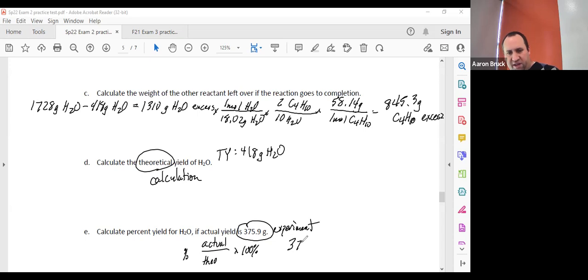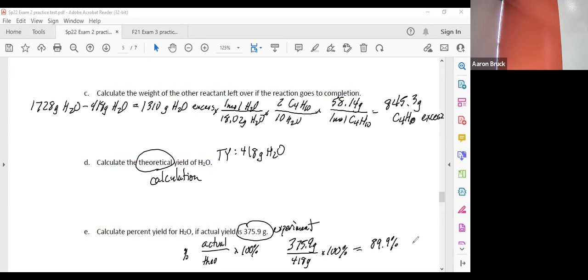So 375.9 grams divided by 418 grams times 100%. To three significant figures, 375.9 divided by 418 will give us 89.9% yield. I know that was kind of the long and drawn out way of getting to the overall answer.